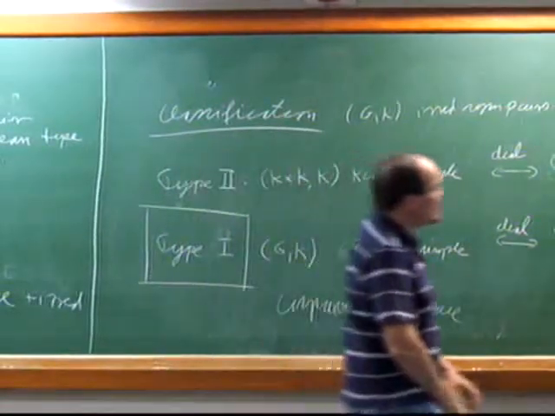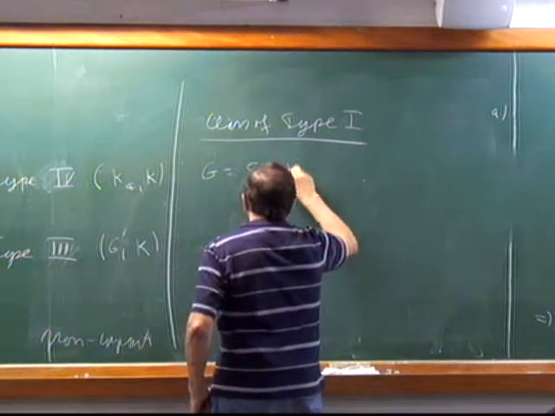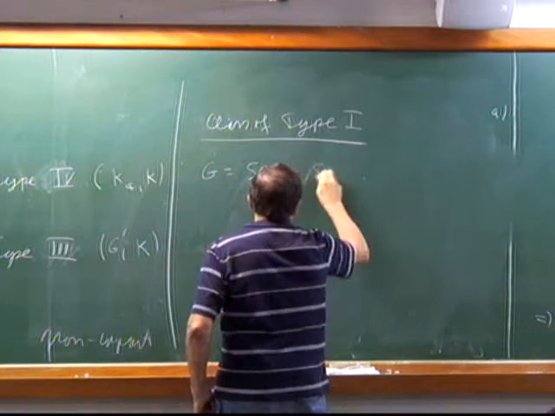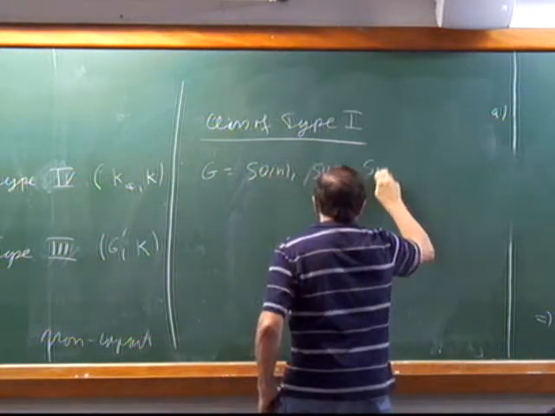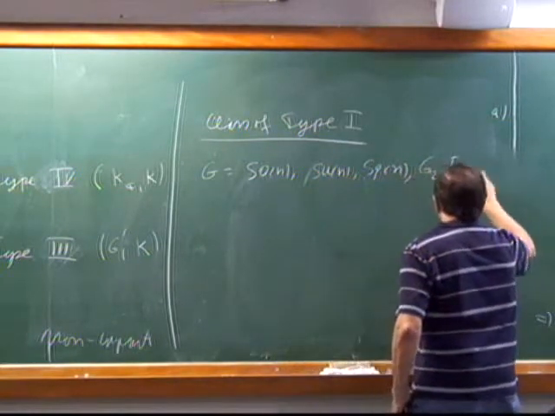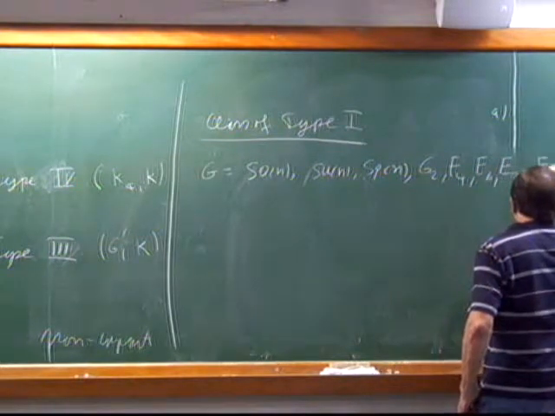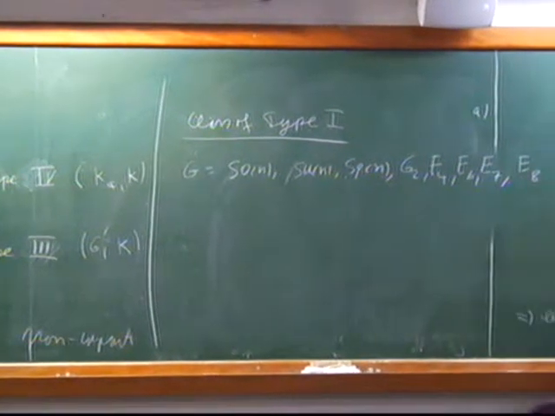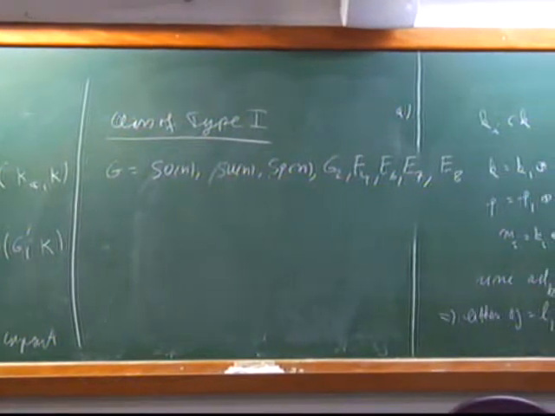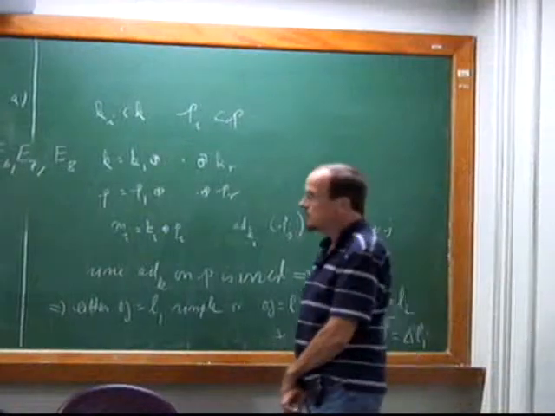We have a list of the possible groups G: SO(n) or SU(n) or Sp(n), or the exceptional ones. Those are the possibilities for G for all symmetric spaces of type 1. And now do the classification case by case.